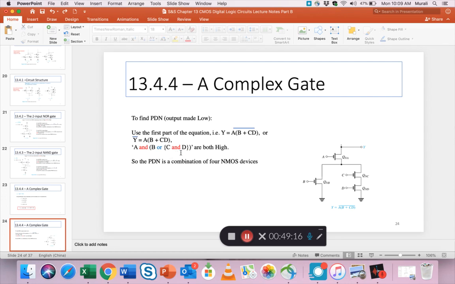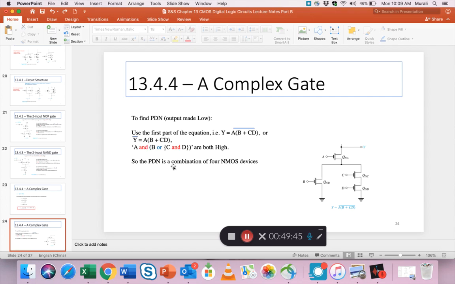So how do you implement this function, right? Start with the smallest, deeply nested brackets, C and D. There's an AND function, that means they have to be in series, so draw the AND. Then you have a B which is in parallel with this because there is an OR, so draw the B and CD in parallel.